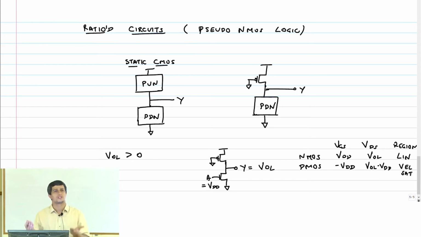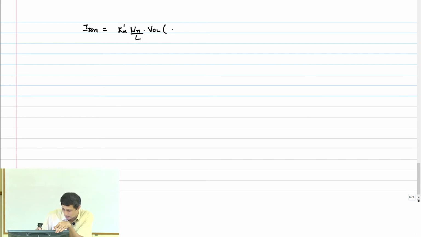Okay. Now we go through the same drill. Equate the current in both of them and then we can find out what VOL will be. IDSN is in linear region. Therefore, I can say Kn prime Wn by L into VDS, that is VOL, into VDD minus VTn minus VOL by 2.